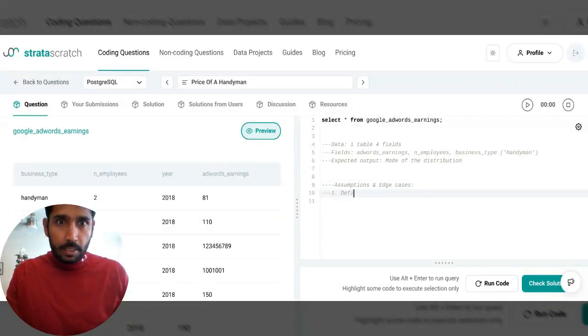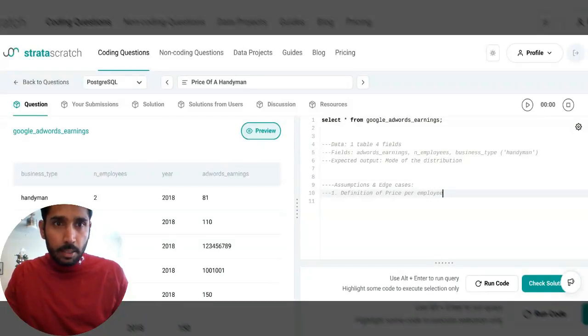The definition. I want to clarify the definition one more time. I know we went in circles. Definition of price per employee.